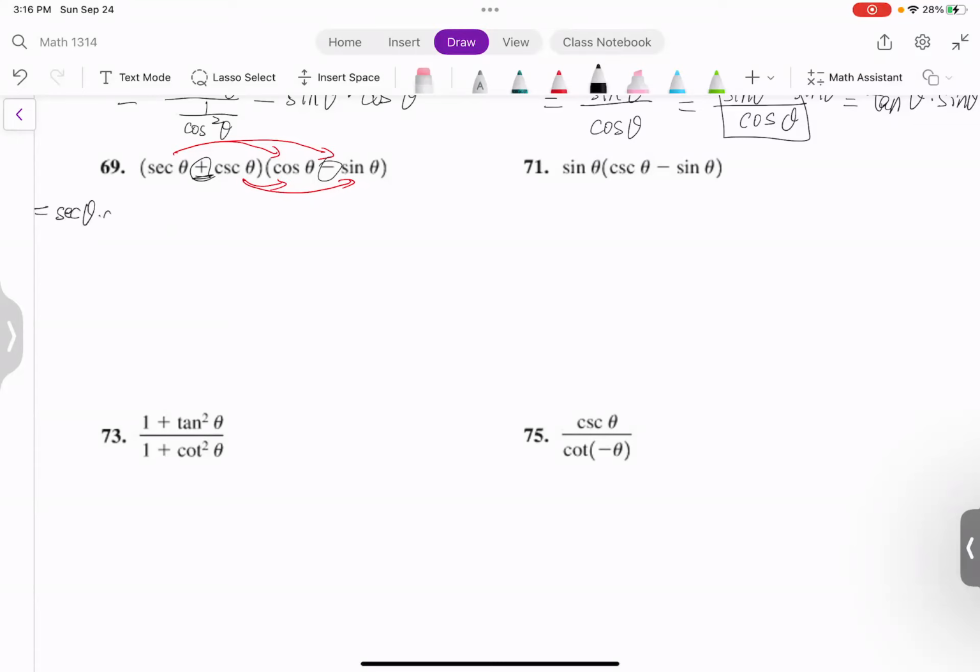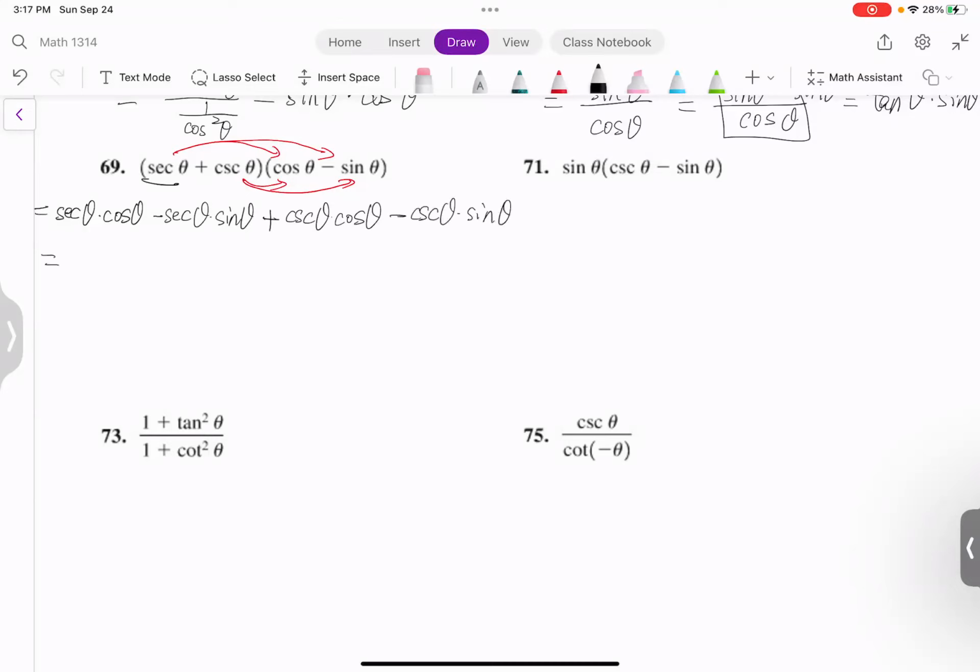Secant theta times cosine theta. And then secant positive times negative, I can pull out the negative sign in front. So I'm having a negative secant theta times sine theta and plus cosecant theta times cosine theta, and then minus cosecant theta times sine theta.